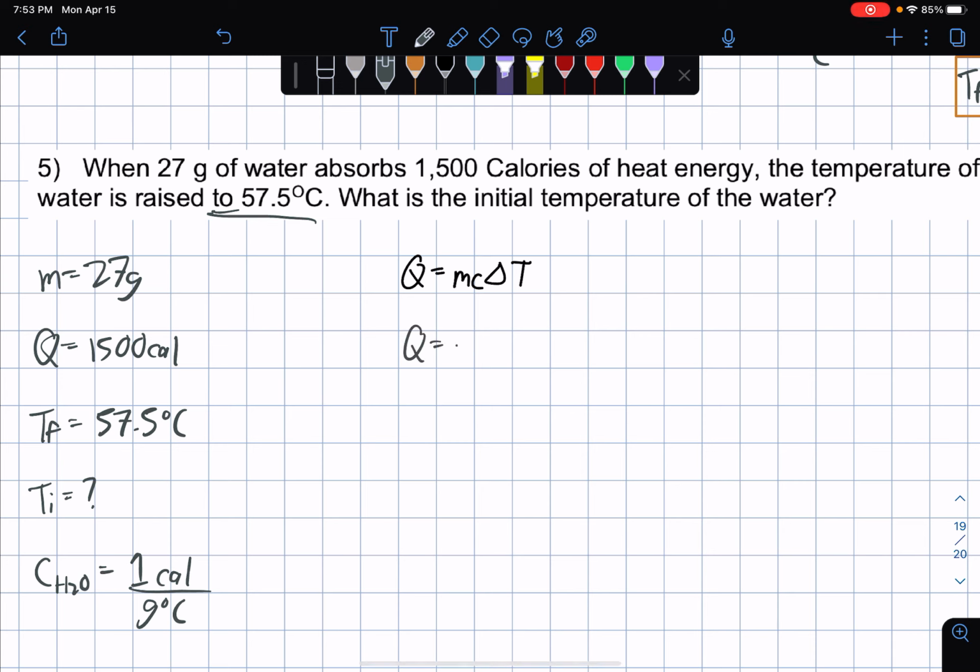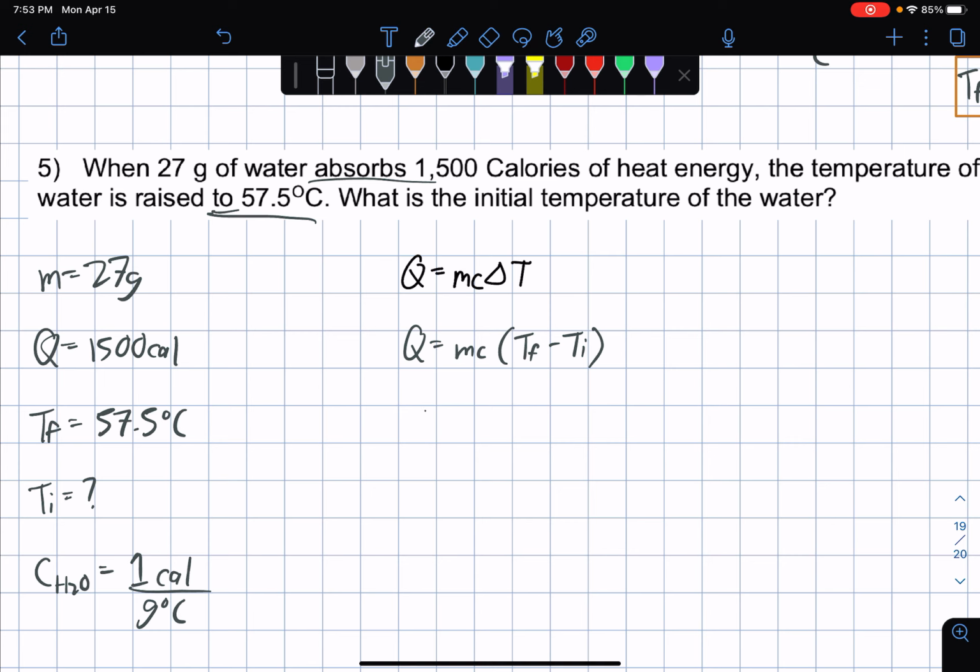Again, articulate the formula this way. It says absorbs, not release heat energy, so definitely the final temperature is going to be higher. High minus low, Tf is here. We're looking for Ti, right?